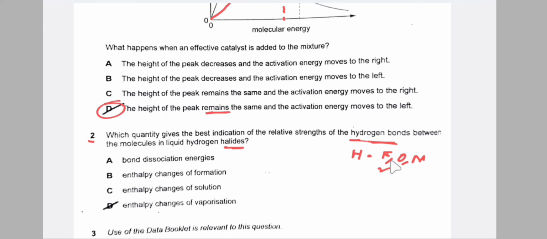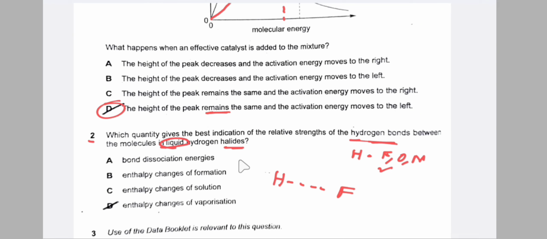So the hydrogen bond is between hydrogen and fluorine. Hydrogen bond is the intermolecular force of attraction that exists between hydrogen and fluorine. It also exists between oxygen and nitrogen, but since it is mentioning halide, it is hydrogen and fluoride, that is HF.